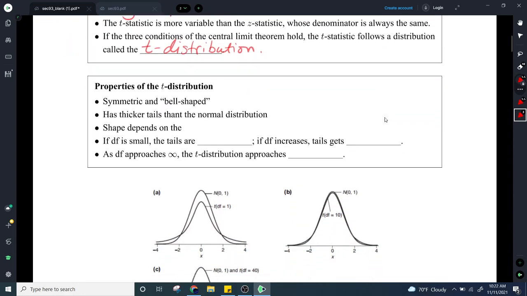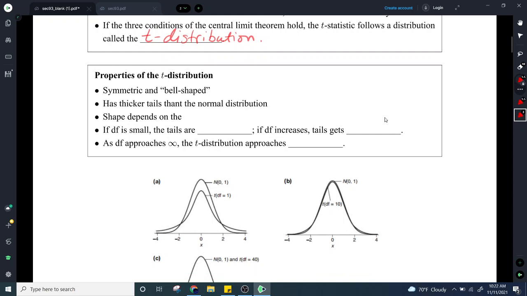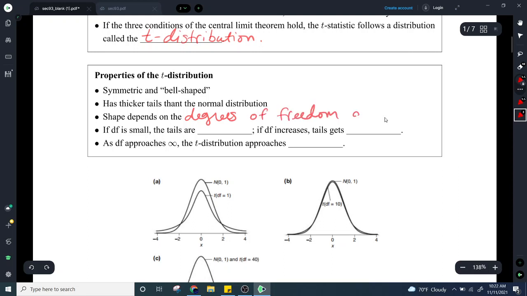So a few properties of the t-distribution. It's still symmetric in bell shape, just like the normal. The tails on the outside tend to be a little bit thicker than the normal distribution. The shape, however, depends on the sample size, which depends on something that we call the degrees of freedom. And you may see that we abbreviate that DF.